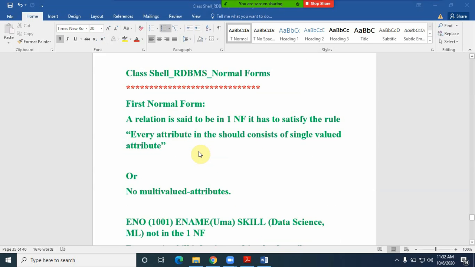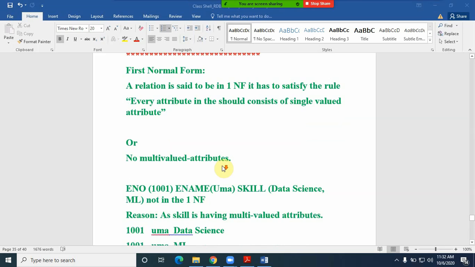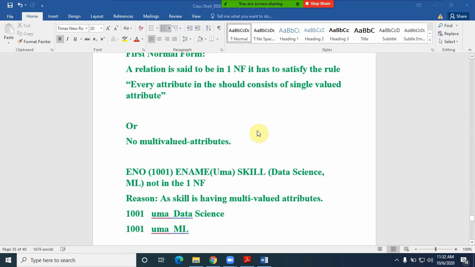A relation is said to be in 1NF if it satisfies the rule that every attribute in that table should be a single valued attribute. Suppose I have attributes 1, 2, 3. Each and every attribute should register only a single value. It should not contain multiple values.